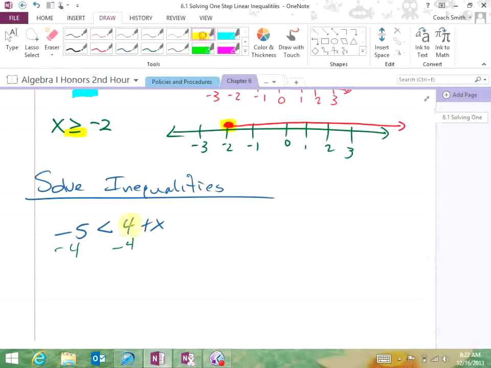Or if you want to look at it this way, here it's a positive, here it becomes a negative, and we add. Either way, you're going to come up with the same answer, which is x is greater than negative 5 minus 4, which is plus a negative, which is negative 9. So x is greater than negative 9. How do you graph that?